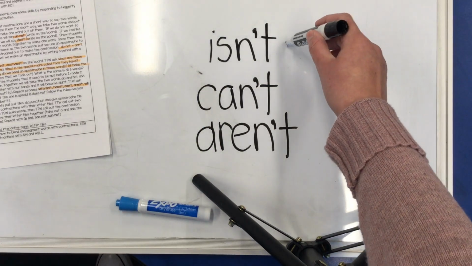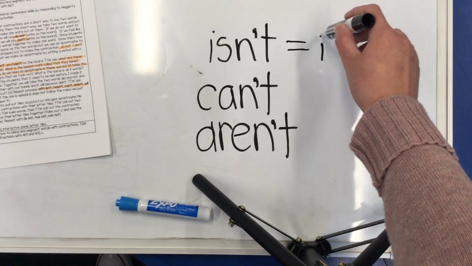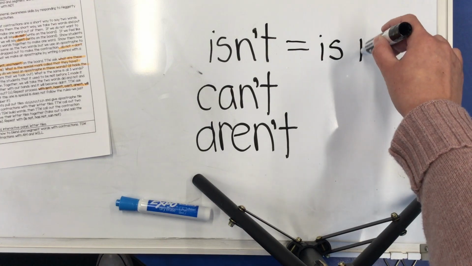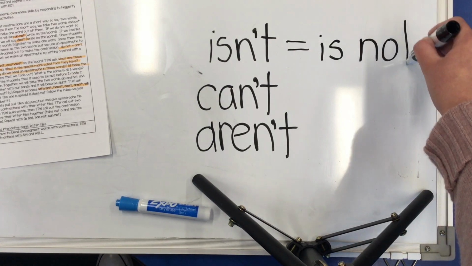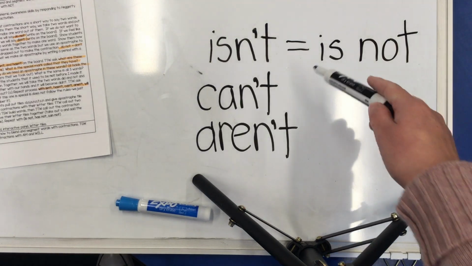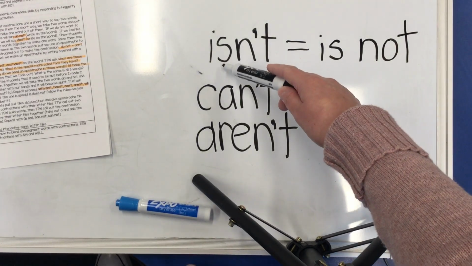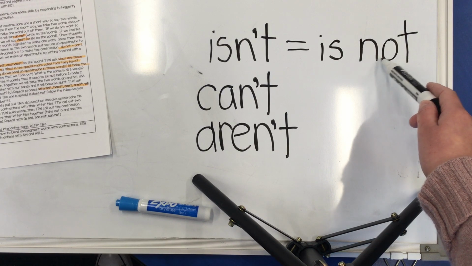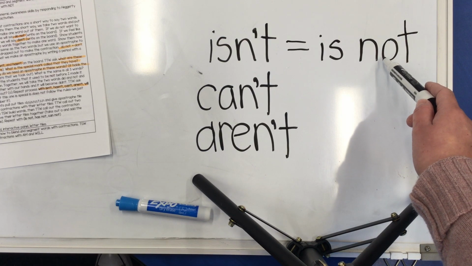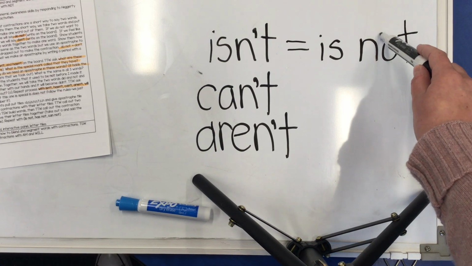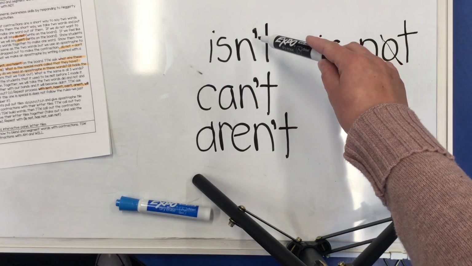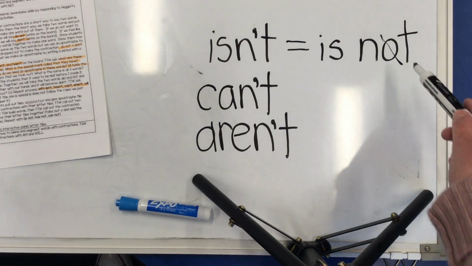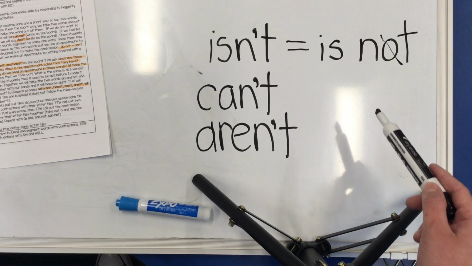So I'm going to write isn't is the same as is not. All right, you see how we write the same first word, we write it the same way. We keep writing the N, isn't, and then look, I don't hear the O in isn't. We take it out, and we replace it with an apostrophe, and then we write the T, isn't.